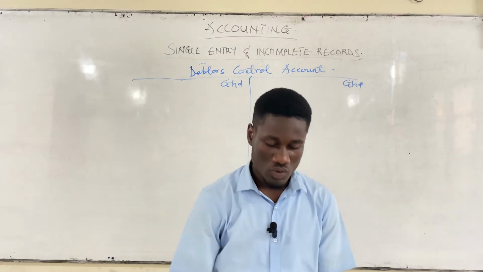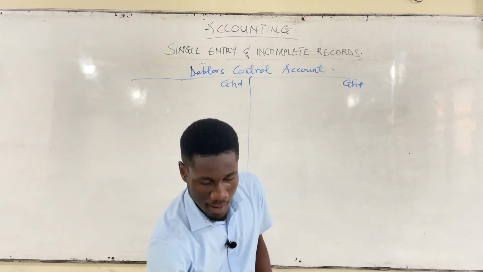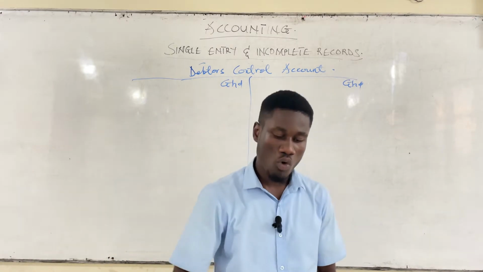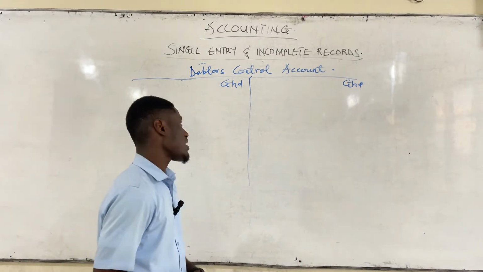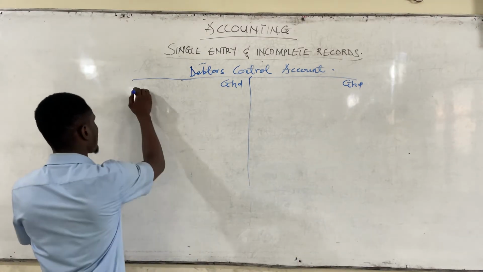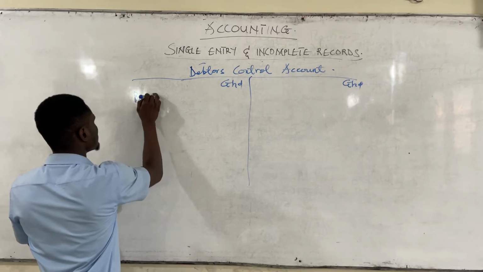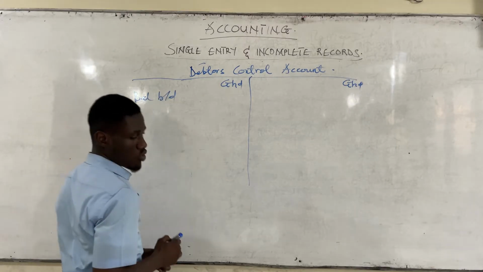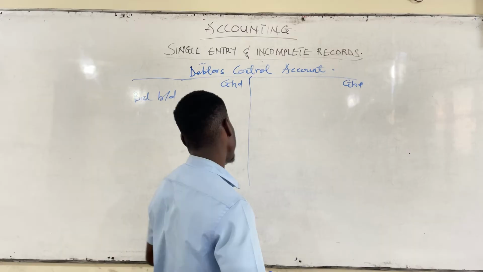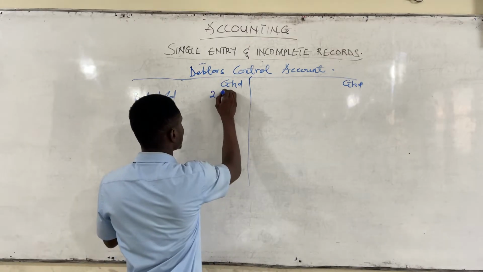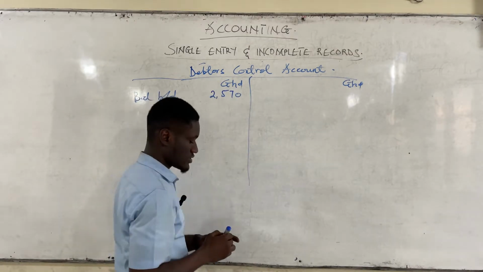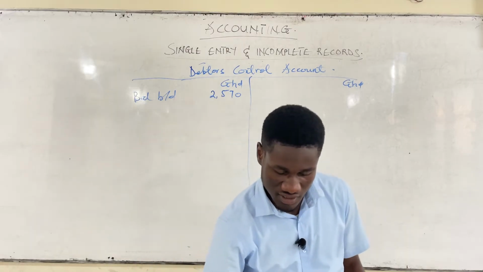So we will check for our balance BD for debtors. And we know that our balance BD for assets has a debit balance. Our balance BD for debtors was 2,570. So that's going to be shown at the debit side.